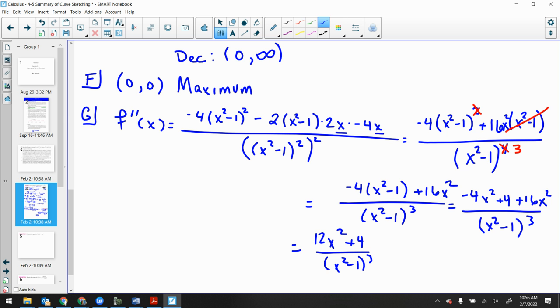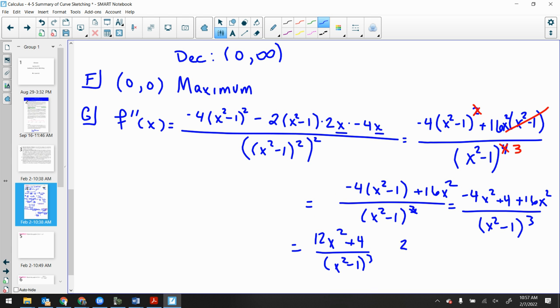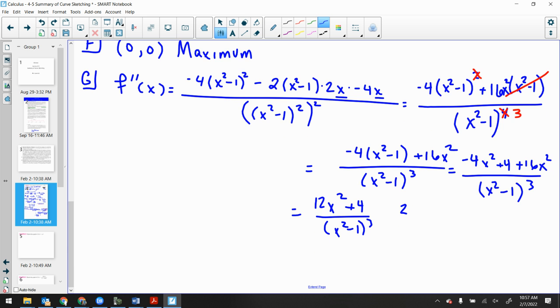All that to find where the possible inflection points would occur. That's too much. It's necessary. So let's find where the critical points would occur. I'm really mad at my board when it does that. So we say 12x squared plus 4 equals 0.